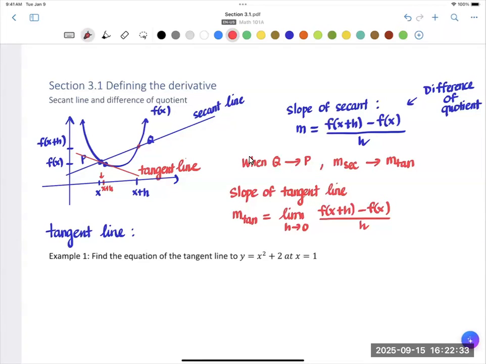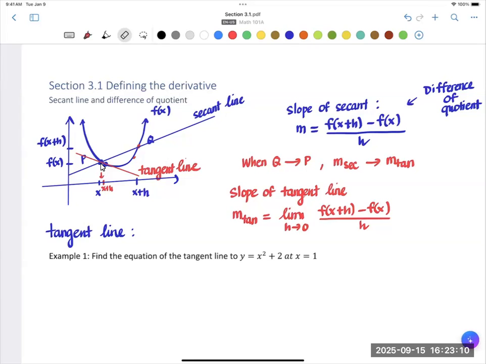All right, so the idea is that when one point on the graph gets really, really close to the other point, the secant line becomes the tangent line. If I move Q closer, closer, closer, it becomes the tangent line. The tangent line looks like it only goes through 1 point because the second point is so close to x.